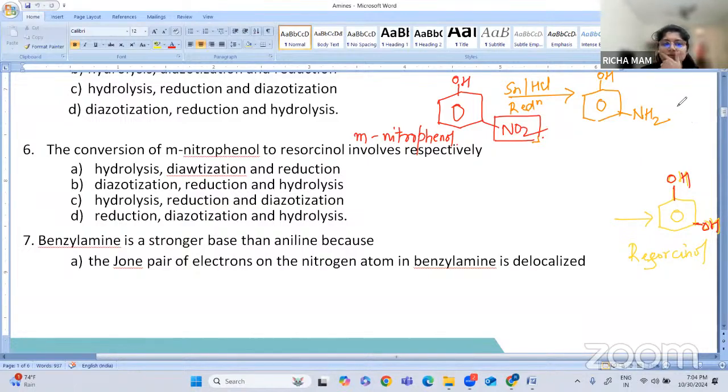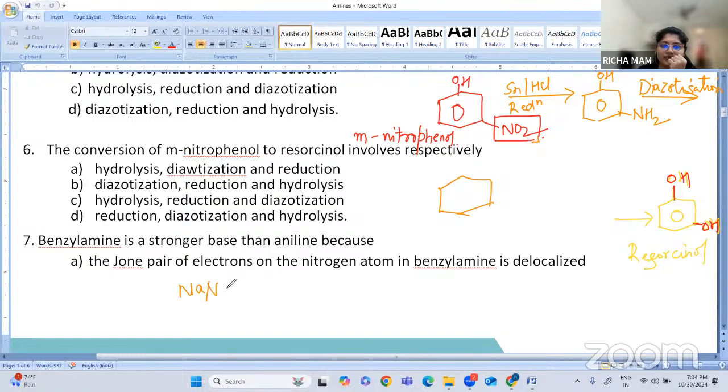What is the second step? Can I do diazotization? Yes, I can do diazotization. What is the reagent?